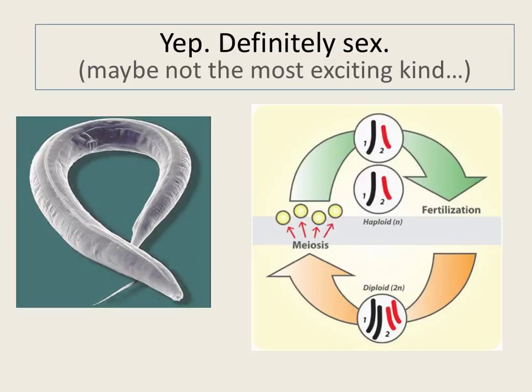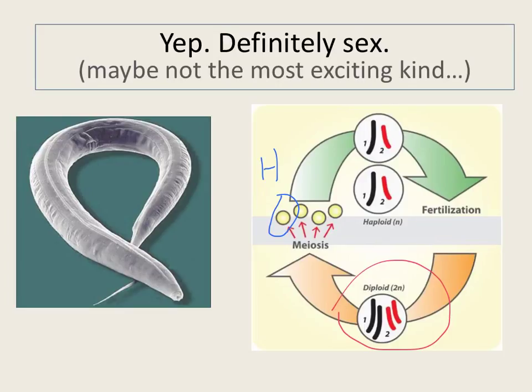So here we have the regular old sexual life cycle. We have a diploid individual. We also have meiosis. So these are haploid individuals. During meiosis, we end up with 4 individual gametes.